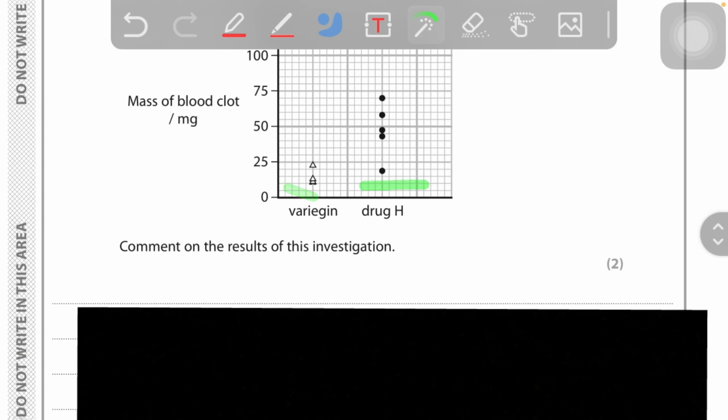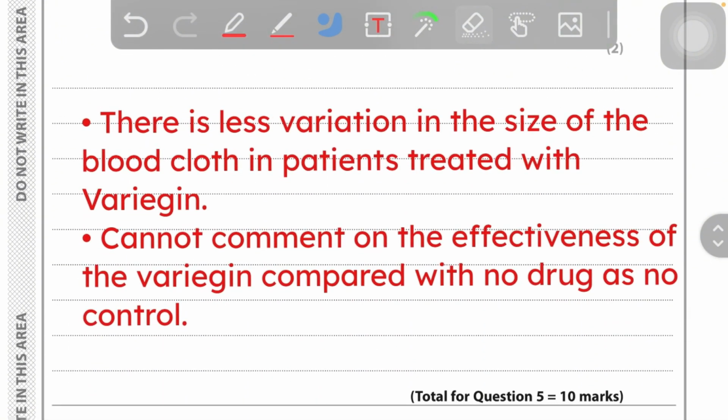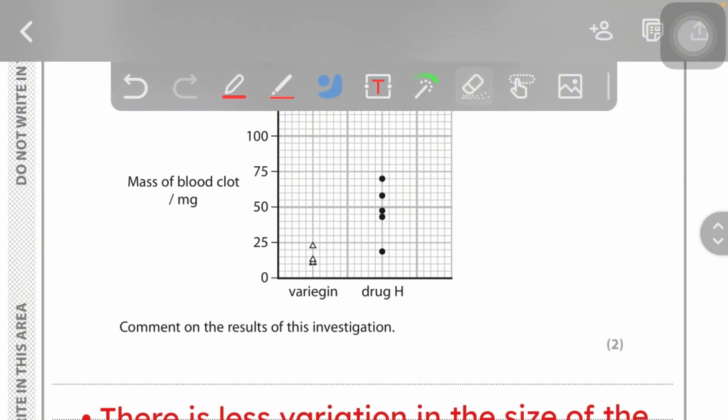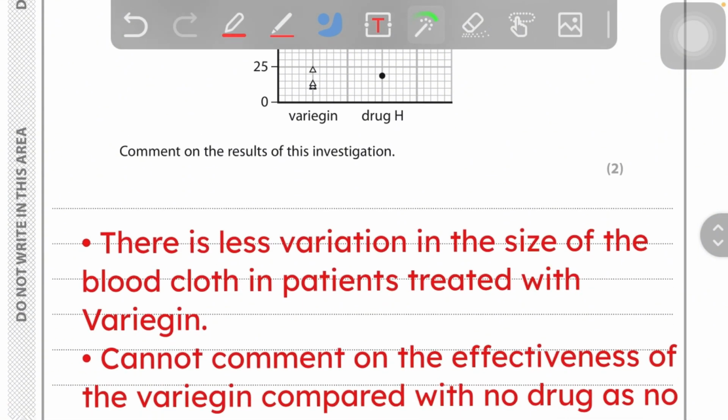Then there is less variation in the size of the blood clot in patients treated with variegin. Cannot comment on the effectiveness of variegin compared with no drug, as no control is given. As there is no control, we cannot completely compare the effect of the drug. Alright.